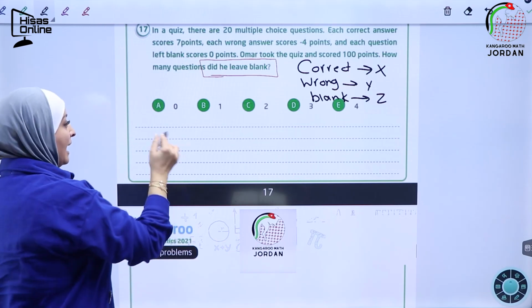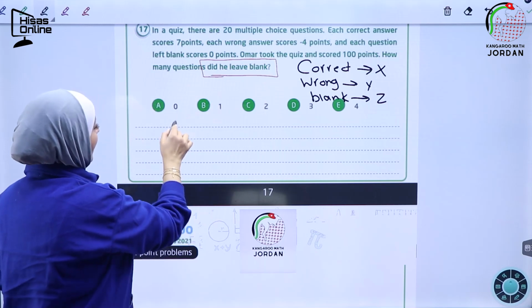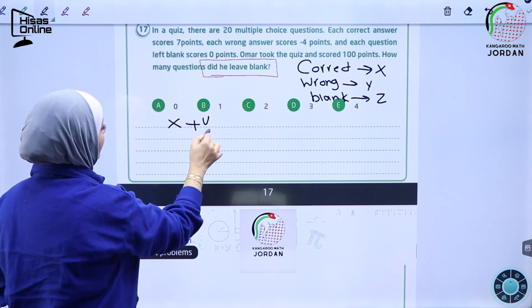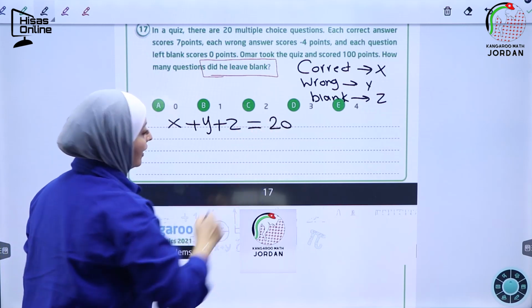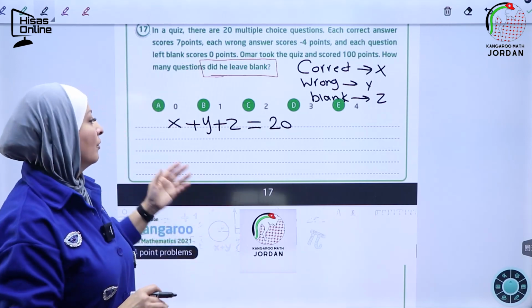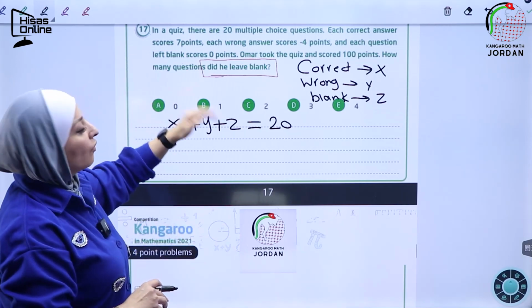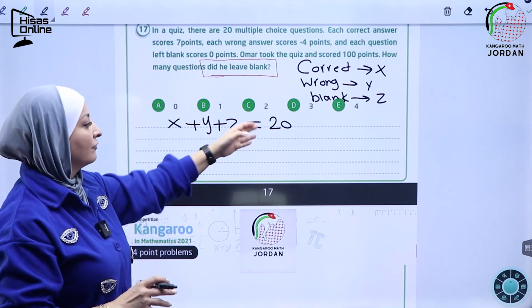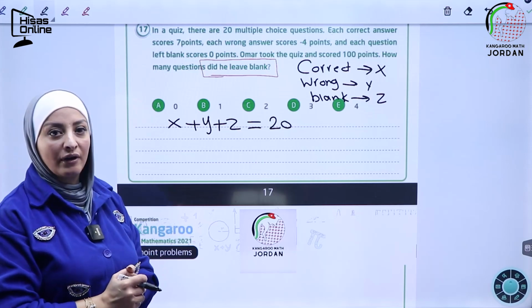Now I should know that x plus y plus z, all types of these questions, equals 20, right? So I have to have 20 questions in all. Whether you answer correctly, wrongly, or leave it blank, in total you have to have 20 questions. That's cool. He got 100 points, guys.